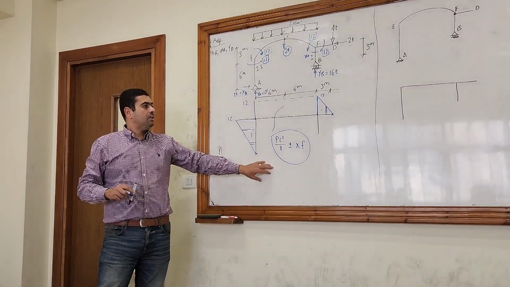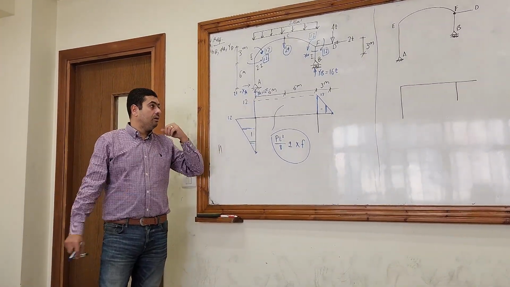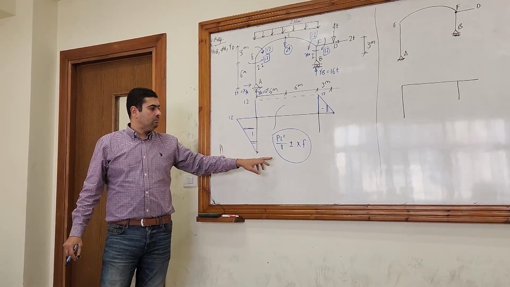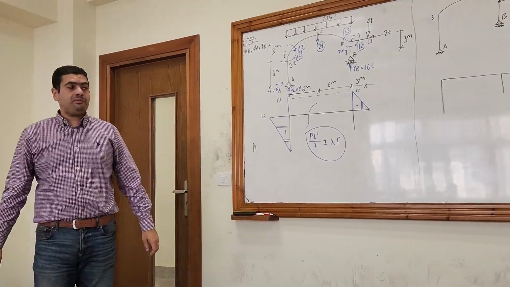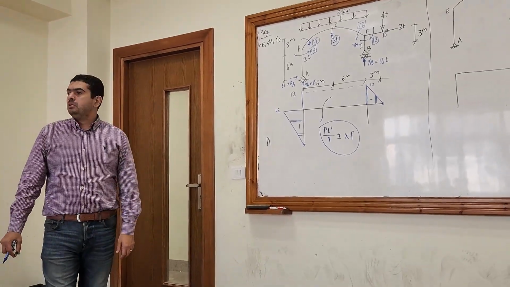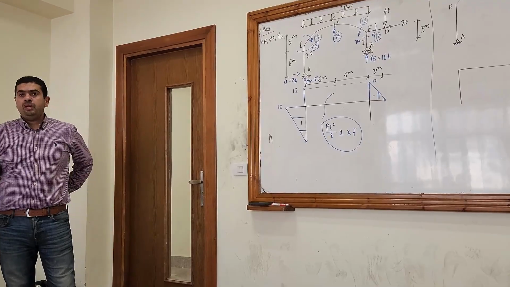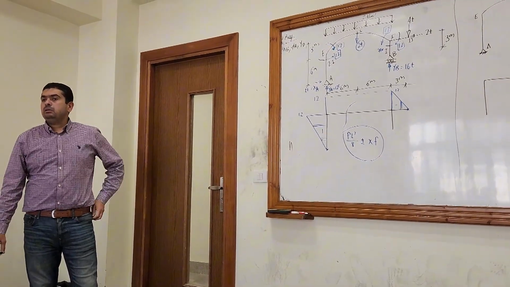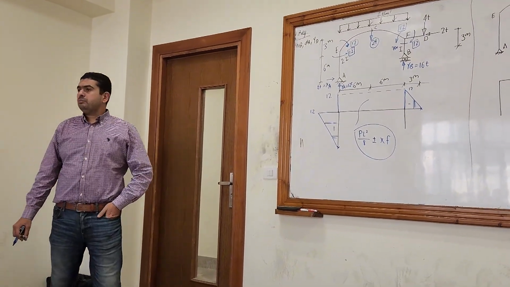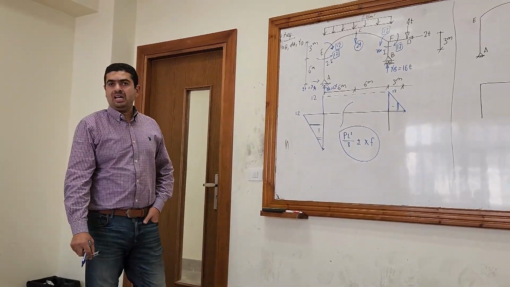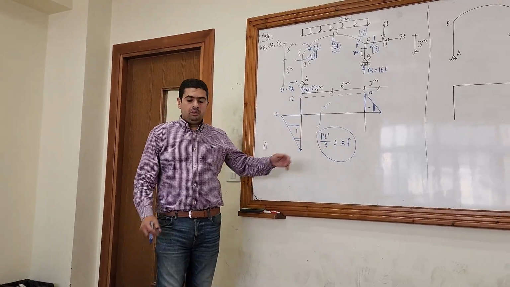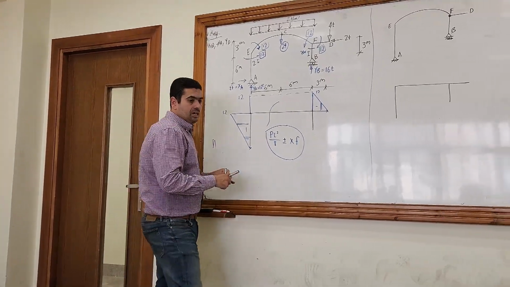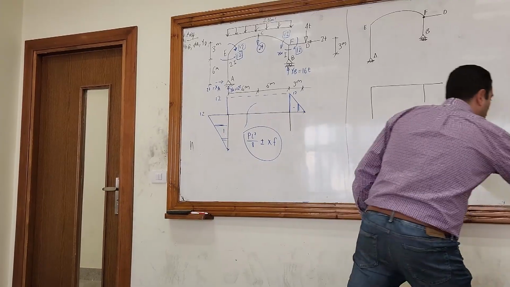So again, let's continue. The value here is PL squared over 8 plus or minus x of f. What is x? What is f? And when is it positive and when will it have a negative sign? Okay? I know the PL squared over 8. So now I need to know who these are.